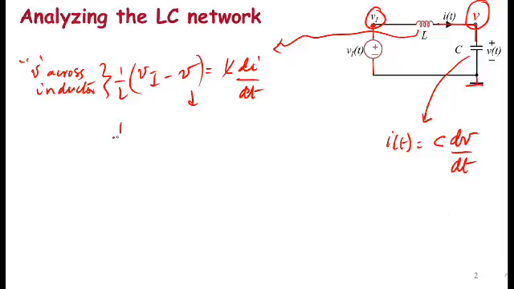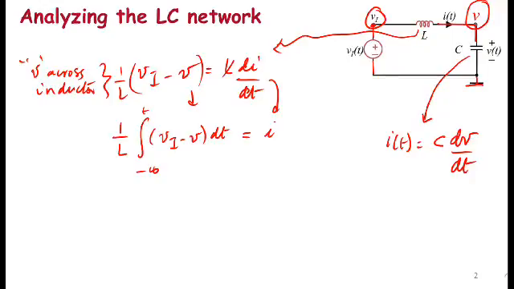I get 1 by L, integral from minus infinity to t of Vi minus V dt, and that is equal to I. It's a di/dt up here, and by integrating both sides, I get the following equation.